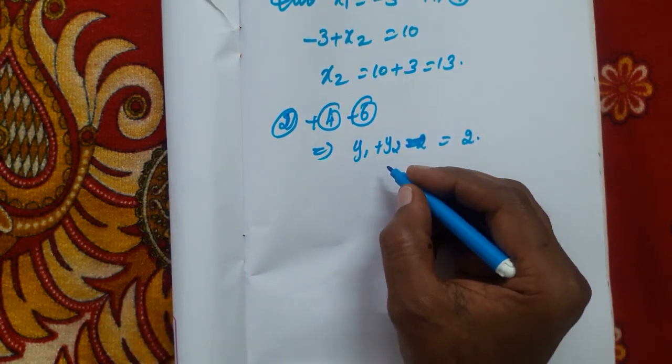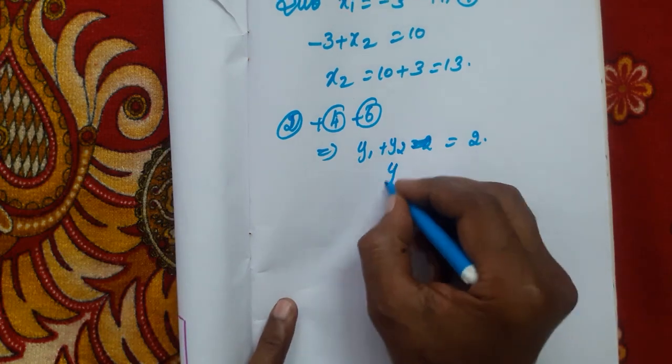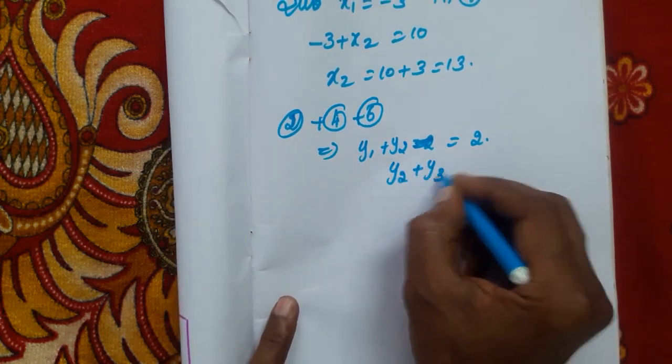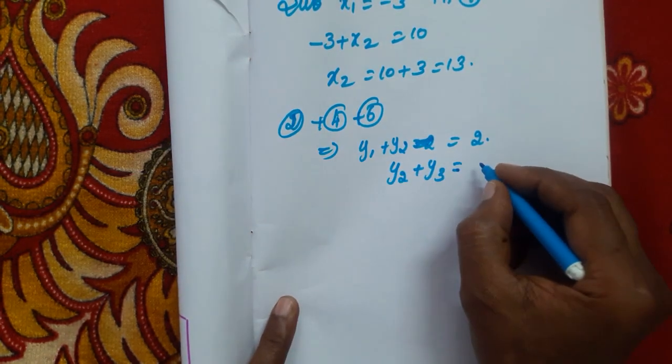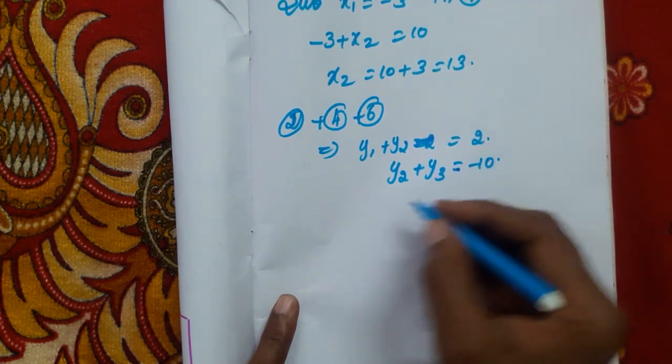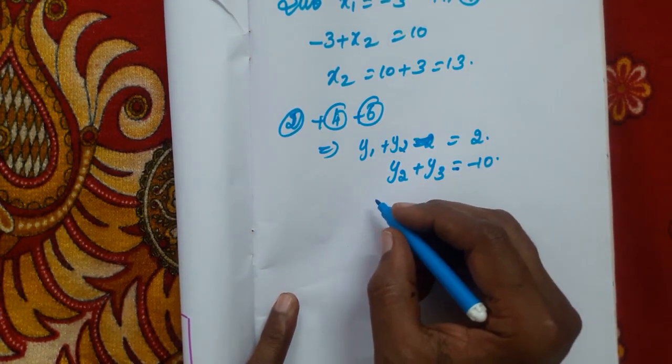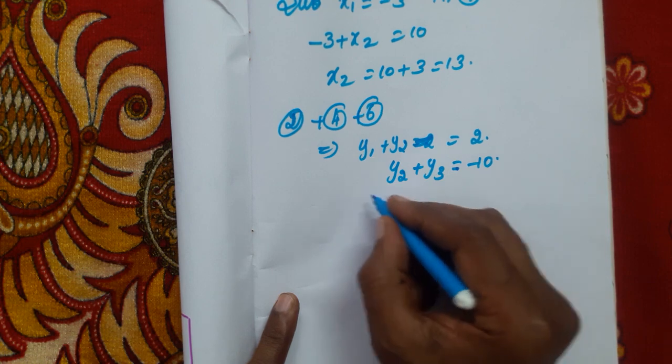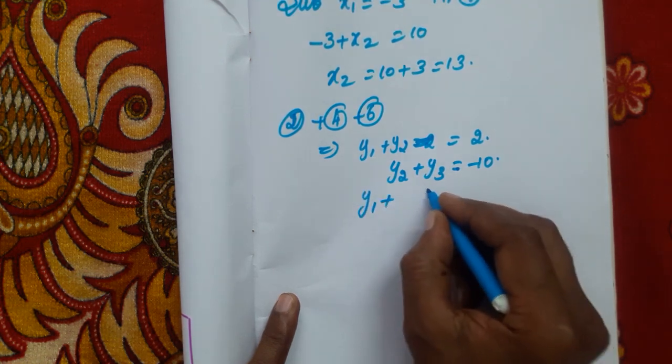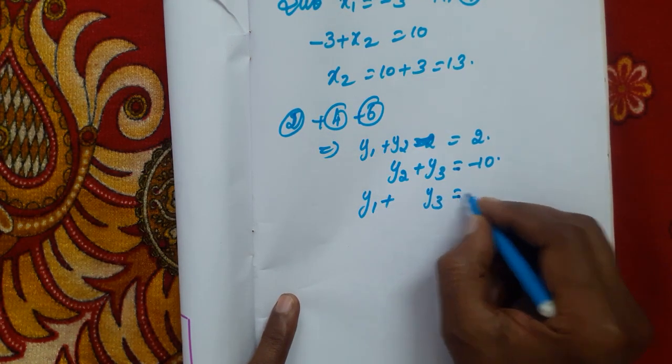Next, equation 4 is what? y2 plus y3 is equal to minus 10. Next, equation 6 is what? Equation 6, y1 plus y3 is equal to minus 2.